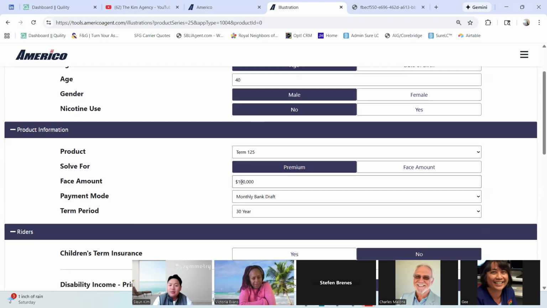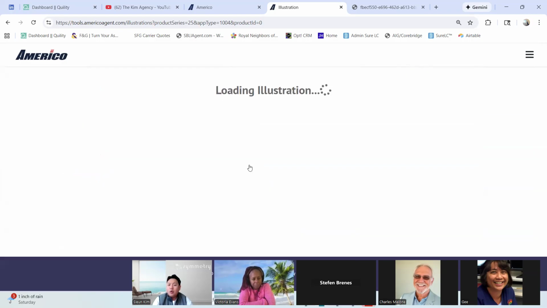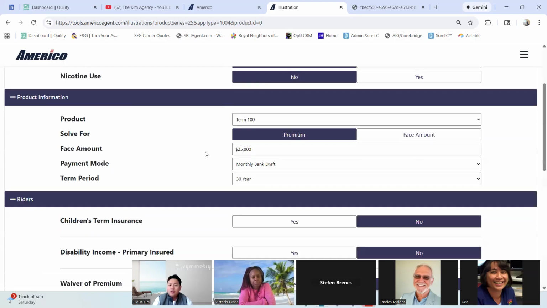That's 25 grand, right? So the family will get $125,000 if the client dies of an accident. Okay. And this pays a better commission for the agents compared to a term 100. Term 100 means that whether you die of a natural cause or an illness or an accident, the family gets the same amount regardless. So if it was a $100,000 policy, they'll pay out the same amount.